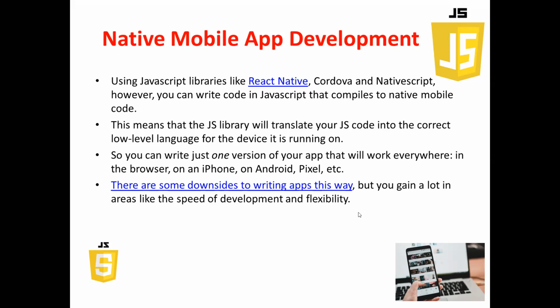As I said, you need to write different code for iPhone and Android. Now there are libraries available which will help you compile your code for different types of operating systems, so it will be no problem for you. You don't need to write the code again and again for different operating systems. The code which you write once will be available for all operating systems.